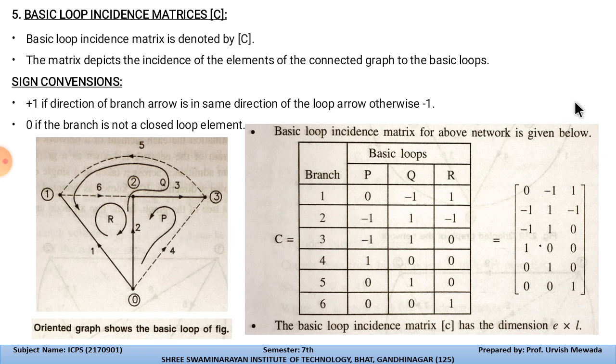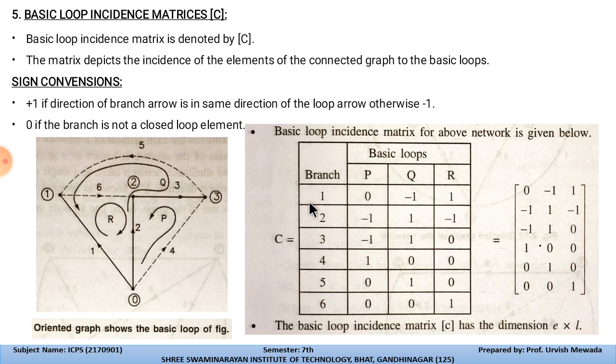So the basic loop incidence matrix we are forming with the help of this oriented graph. The oriented graph is basically indicated by C. The number of branches we have is 6, and the basic loops that we form are 3 loops, P, Q and R. So let's take the loop P. In loop P, there is no connection of branch 1 with loop P, so that's why it is taken as 0.